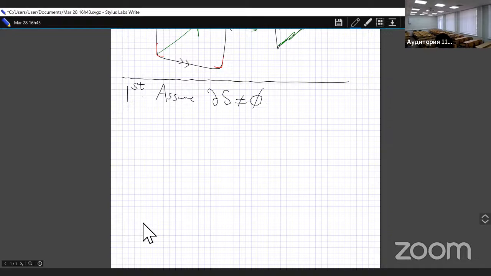If that's the case, look at this fibration, and I'm going to try and use this fibration. Consider this fibration over S.